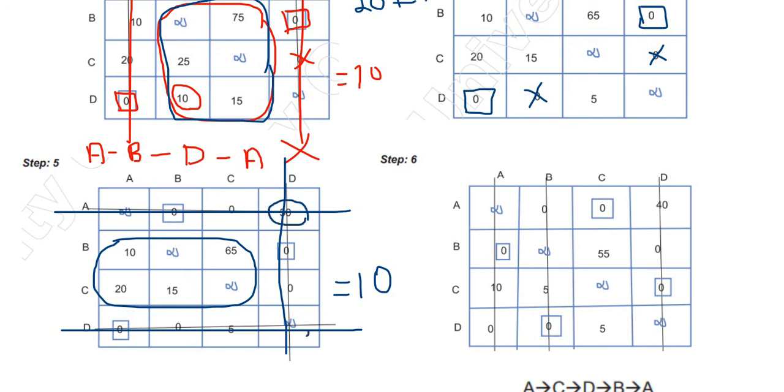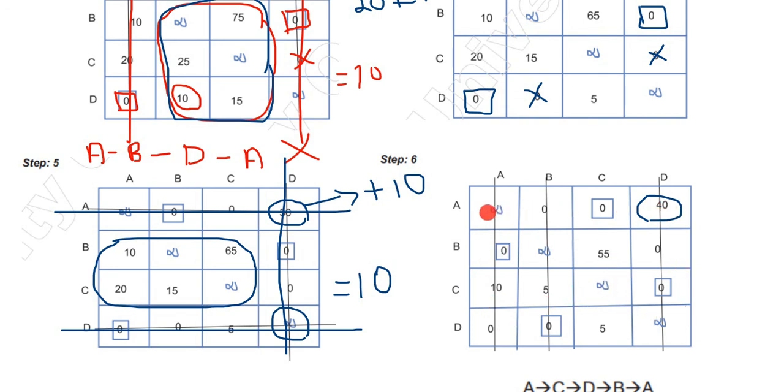So here this will become plus 10, which is 40, and the remaining 10 minus 10 is 0, infinity minus infinity, 10 minus infinity is infinity, 65 minus 10 is 55, and the remaining matrix will be as it is.